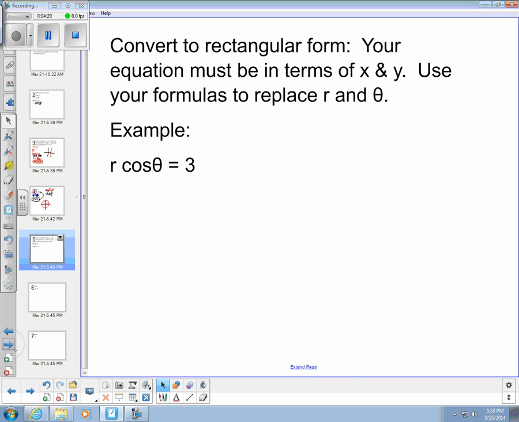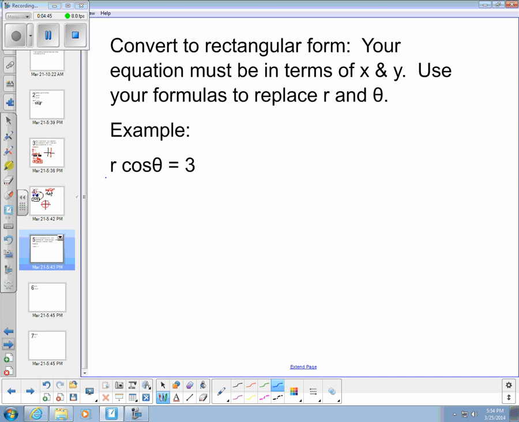Okay. Now, what happens if you have to go from polar form into rectangular form? This time we want our answer to have x and y and no r's and thetas. So anything that has an r and a theta, we're going to have to replace, and we're going to have to get this so that it's only x and y in the answer. So again, we're going to look for formulas that we can substitute.